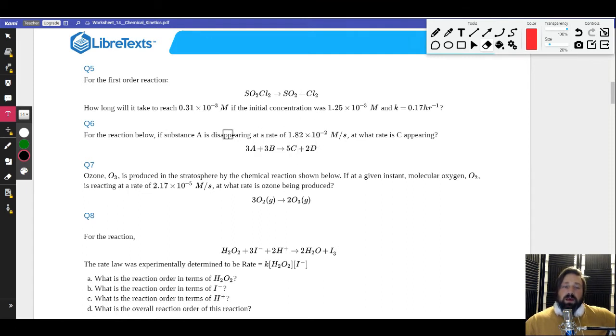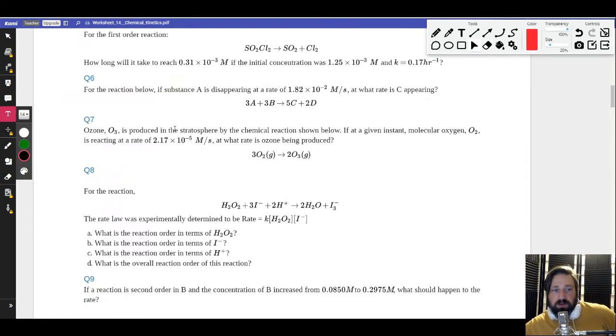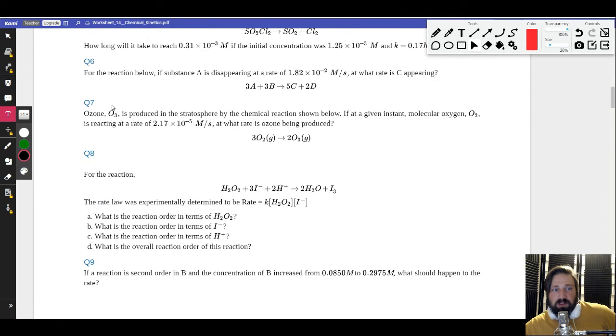So if I lose 3A per second, how many C per second am I gaining? That's 5 per second. It's that same type of ratio. Okay. Question 7 is exactly the same as 6.